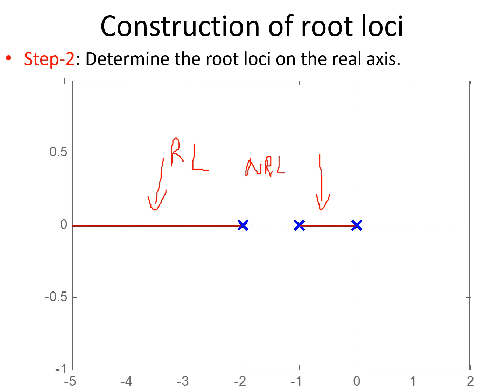Just draw one arrow like this, towards the right side. If you have an odd number of poles and zeros towards the right side, then you can mark the root locus here. Similarly, come here, check between minus 1 and minus 2, put one arrow and refer to this side.